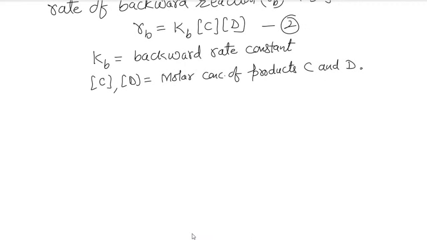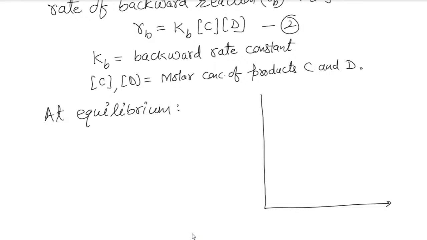So at equilibrium, when I draw this diagram of rate versus time, initially you start with A and B, then it leads to the formation of C and D. As we start, there is only forward reaction; backward reaction is not coming into the picture because product is not formed.